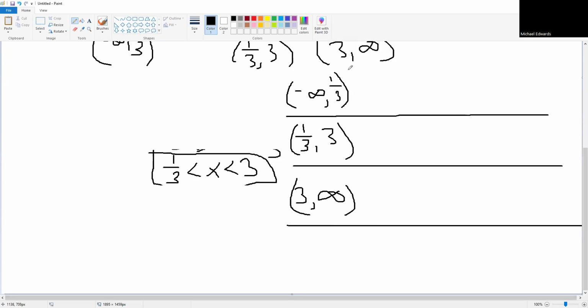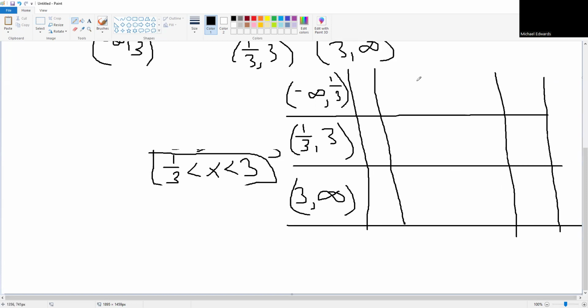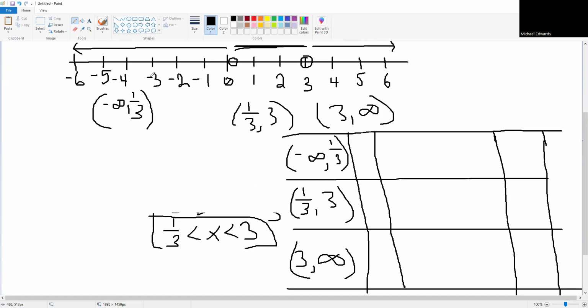Draw our line. Block it off. Make a test point section, a substitution section, and a solution section. All right. Here we go again. So looking at our graph, we have on this one 1/3 all the way to -6.